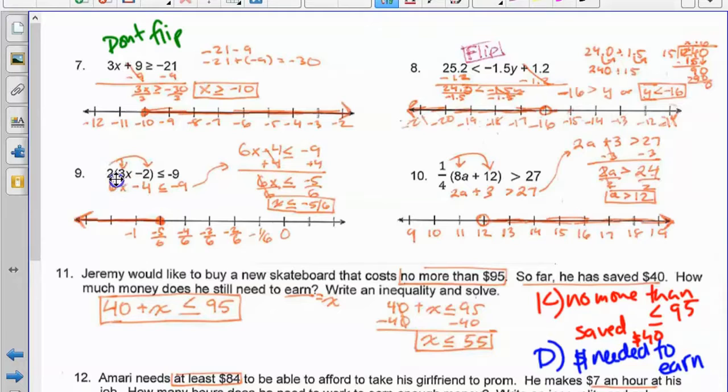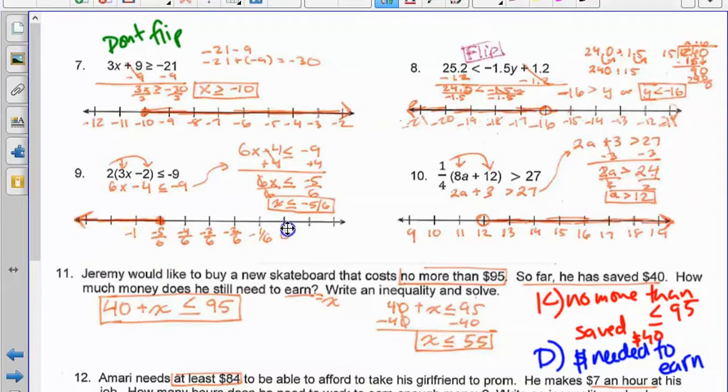Over here, notice I have to do distributive property before I work through it. 2 times 3 is 6, 2 times 2 is 4, and the subtraction sign. That is less than or equal to negative 9. Same routine. Now over here, if you did 5 divided by 6, some of y'all might have got a decimal. That's okay. If you did 5 divided by 6, you would have gotten about 0.83 repeated. So you could have done it that way and still close circle, shade to the left.